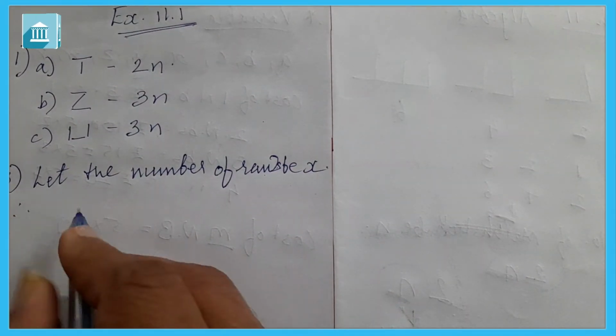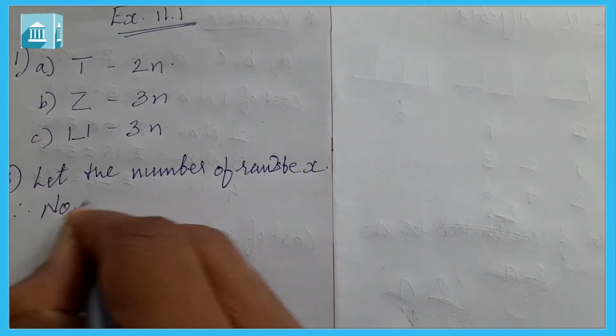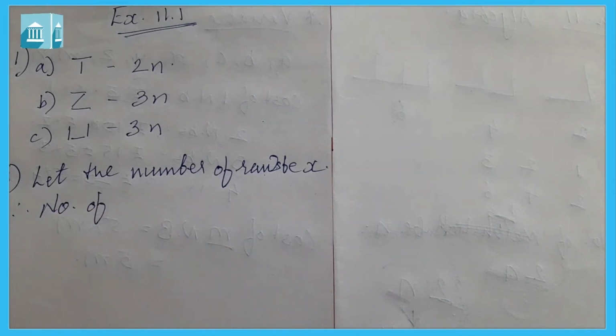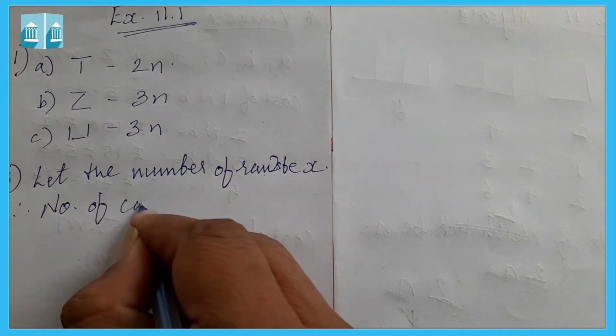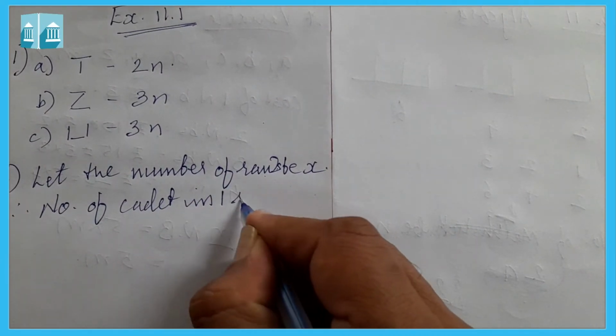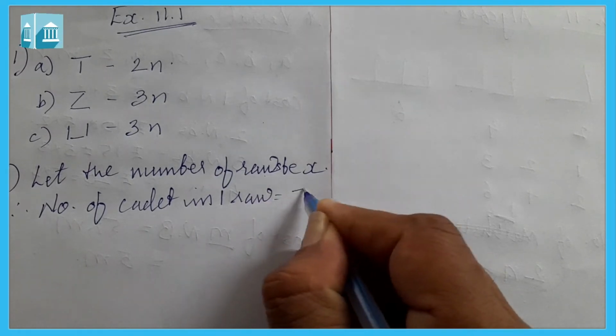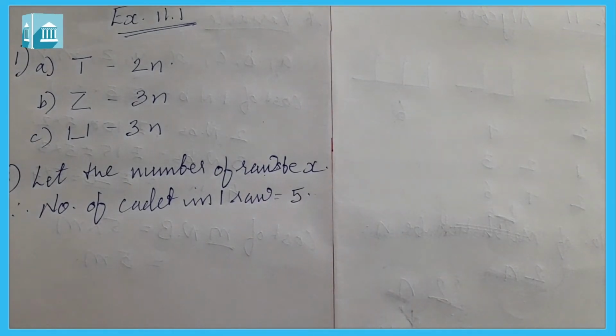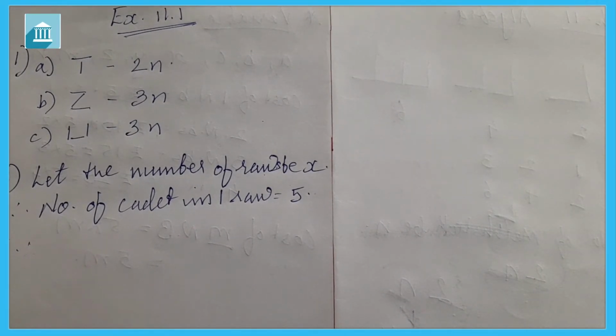Now the number of cadets in one row is equal to 5. So what we have to find out is the rule which gives the number of cadets in the given number of rows.